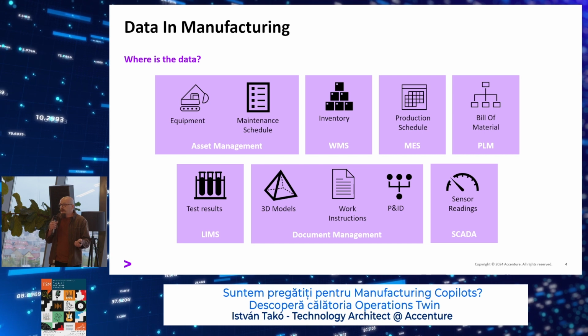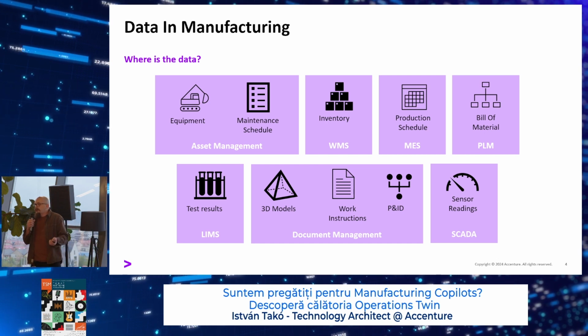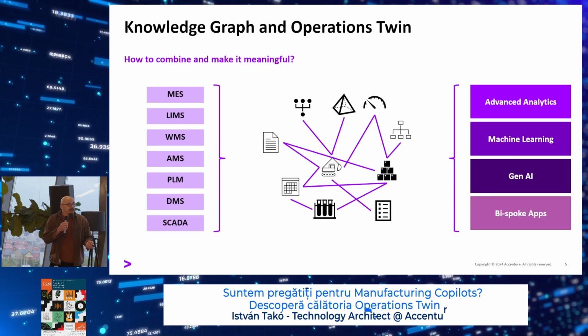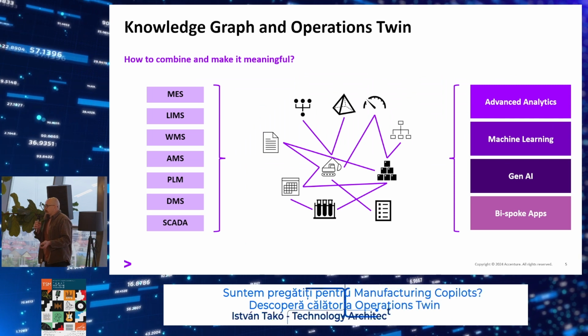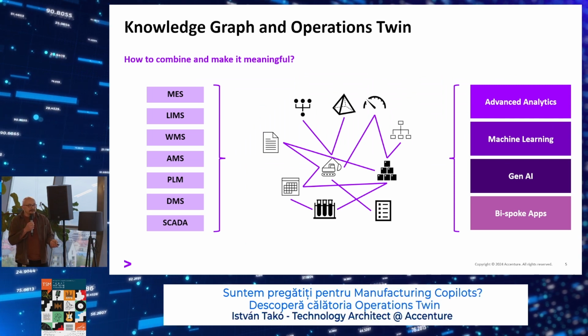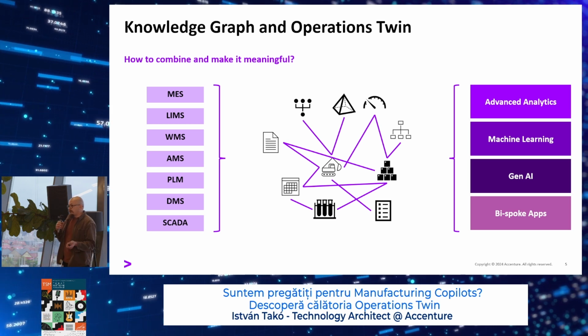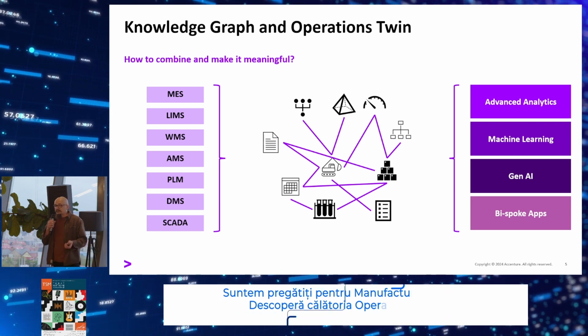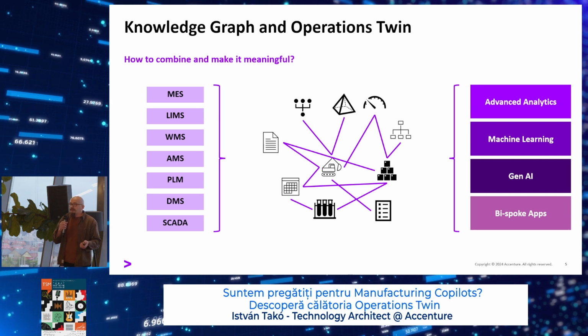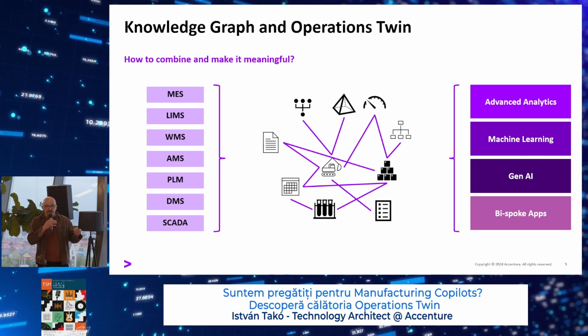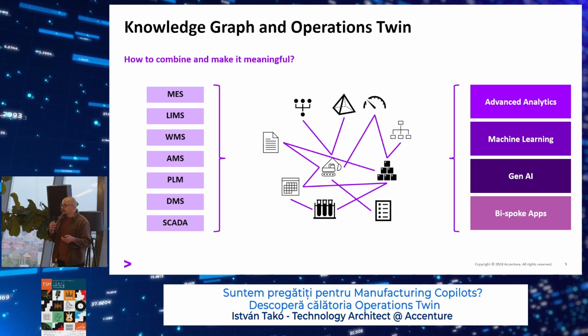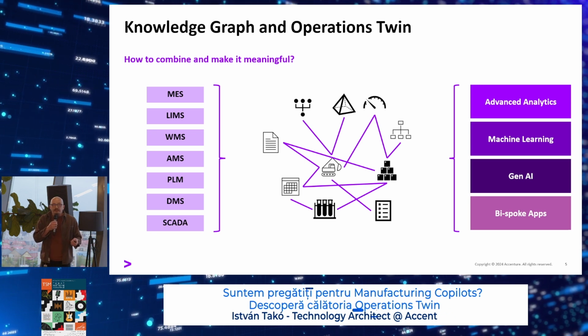So how do we pull this all together? We need a platform for it. We need a data platform, basically. And we need to make sure that we can integrate this data from the different data sources. We can bring them to a common denominator, a common data model, and we can contextualize it. Why?